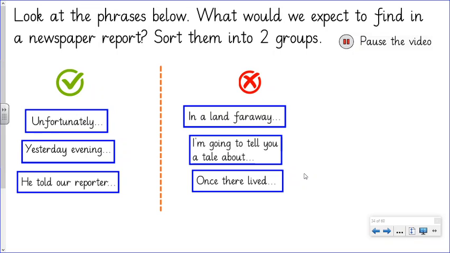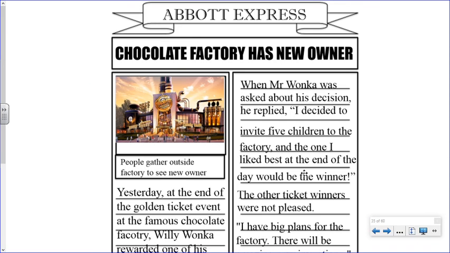Now we are ready to write our newspaper report. Let's have a look at an example. Okay, so I've got my name of the newspaper report at the top here. I have just gone with the Abbott Express. Okay, and then the headline, this needs to be nice and eye-catching for the reader to see.